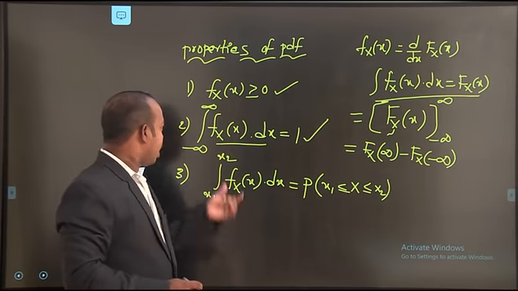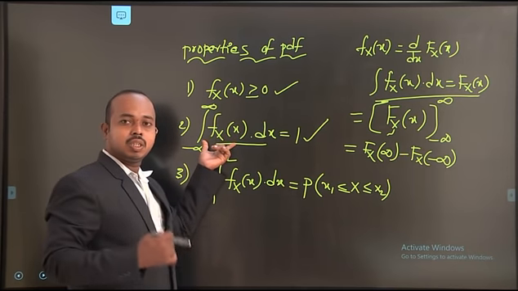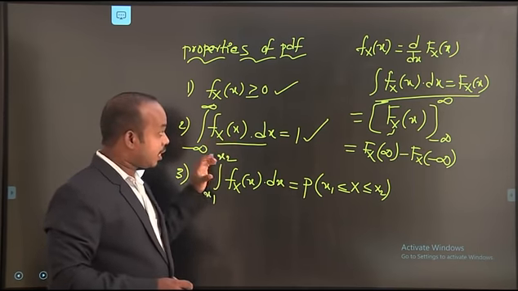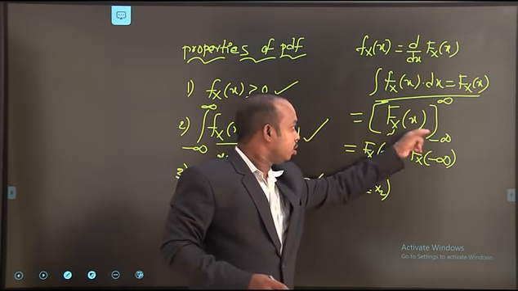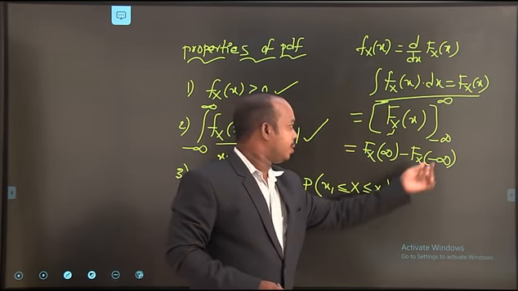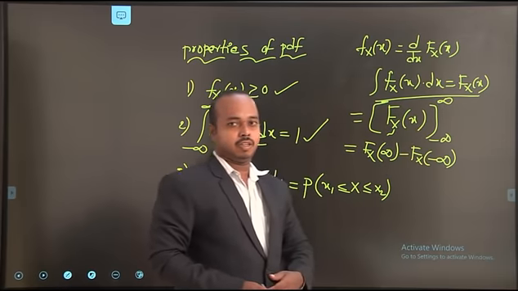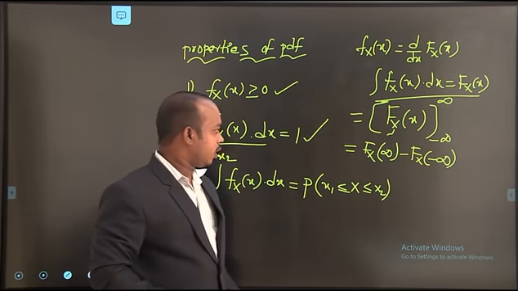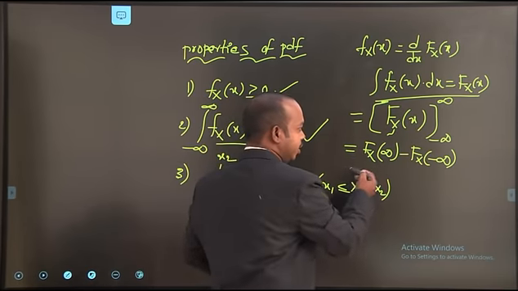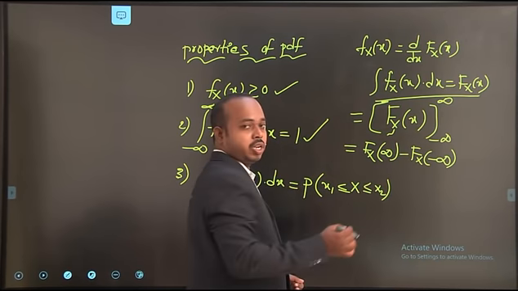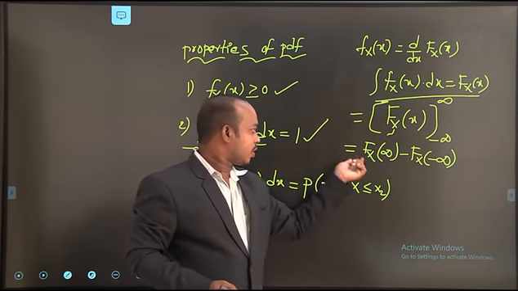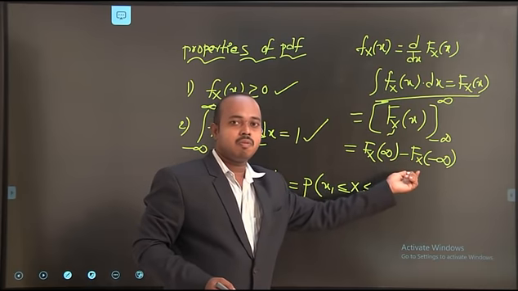That's why I am replacing this term with the distribution function, but I am substituting the limits, minus infinity to plus infinity, in the distribution function. I am writing Fx of plus infinity minus Fx of minus infinity.